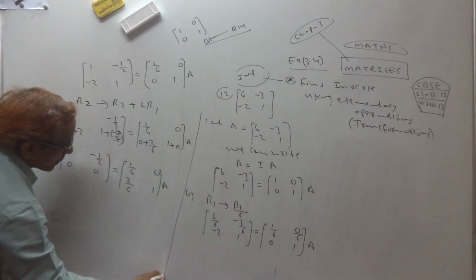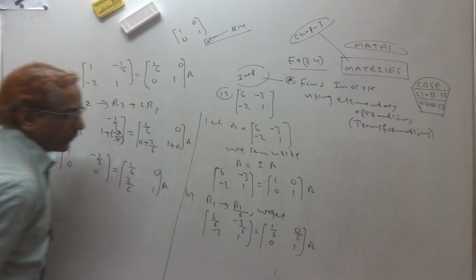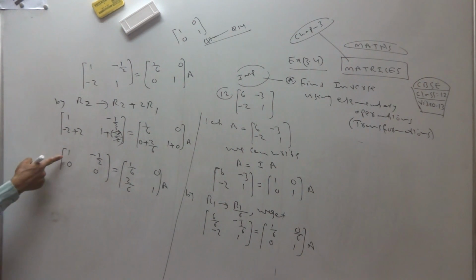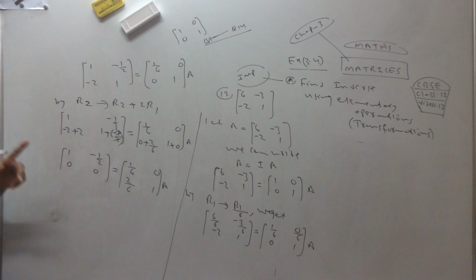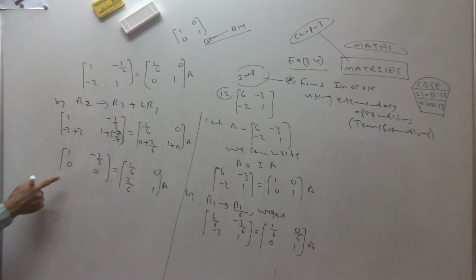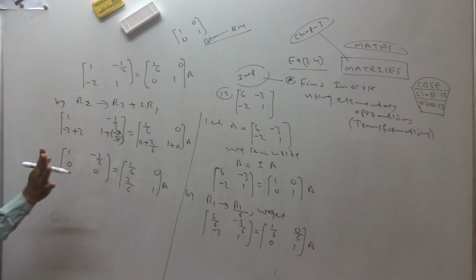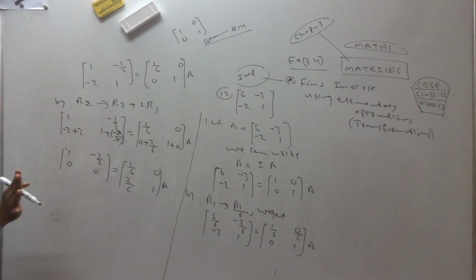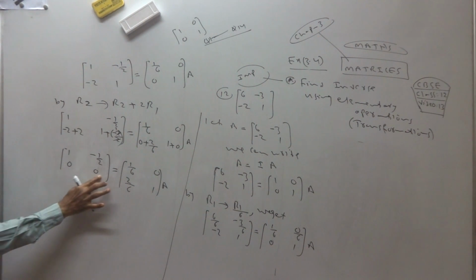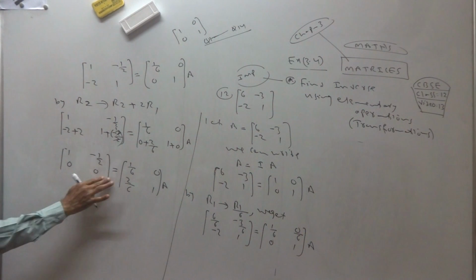Yes. See, in this question we get a new thing. After getting 1 I got 0, then now I have to make this 1, right? But when all the elements of any row are 0, then you can never make this 1. We can't make it, because all the elements of row 2 are zeros.